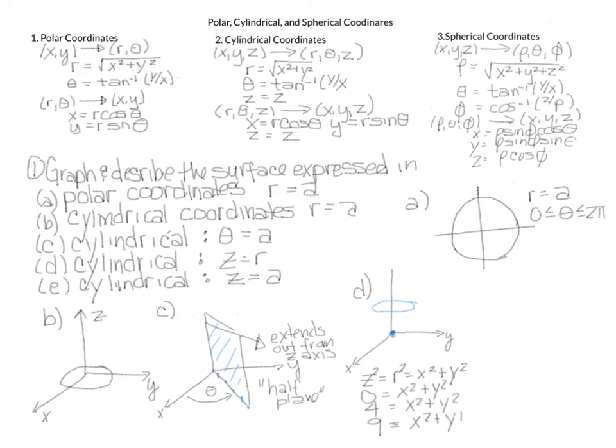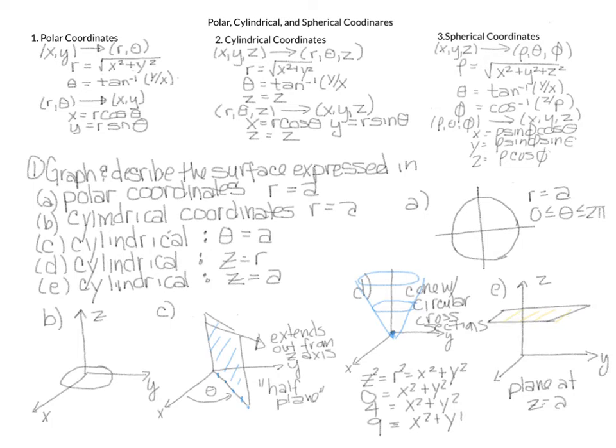Now x squared plus y squared gives us a bigger circle as z gets higher. So what you see is we'll have this cone. As z gets higher, the circle gets bigger. So what you have is a cone with circular cross sections when the cross sections are taken horizontally. And last, we have cylindrical coordinates z equals a.